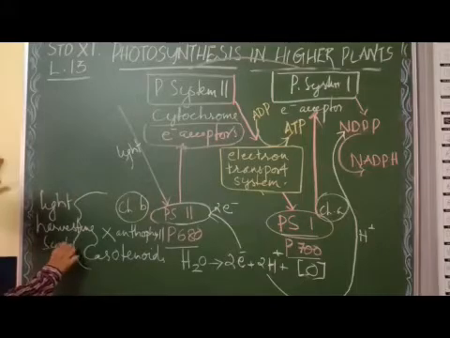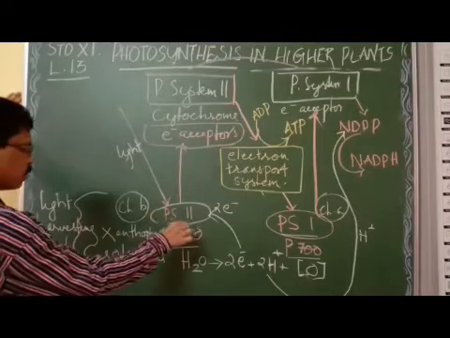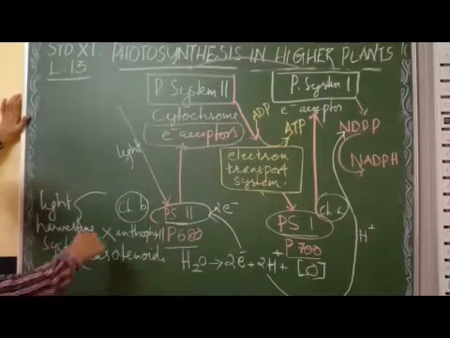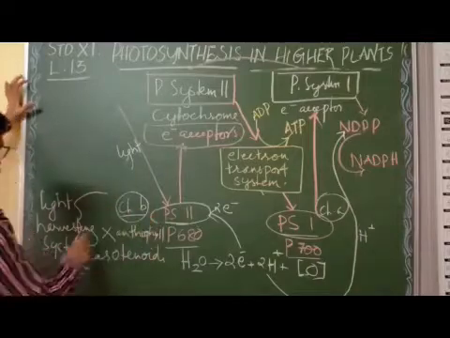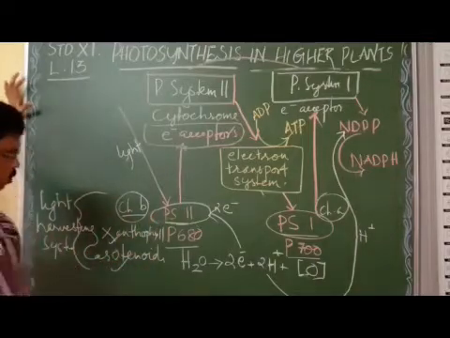So the light harvesting system consists of pigment system 2, which includes chlorophyll B, xanthophyll and carotenoids.